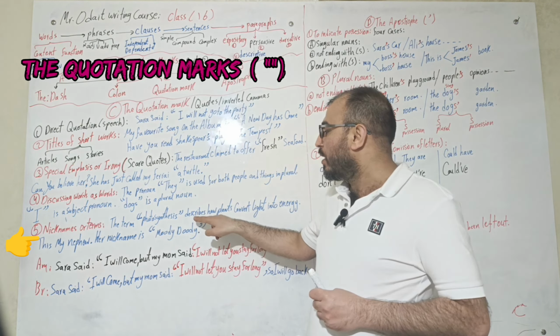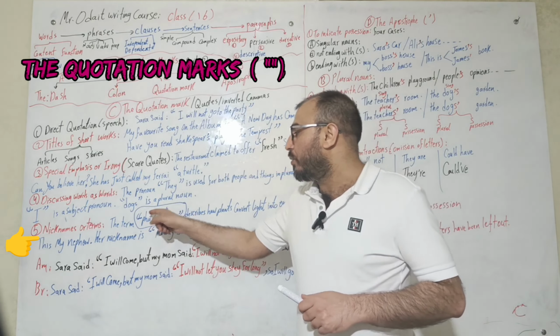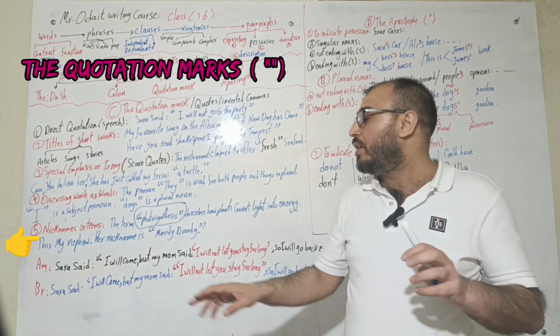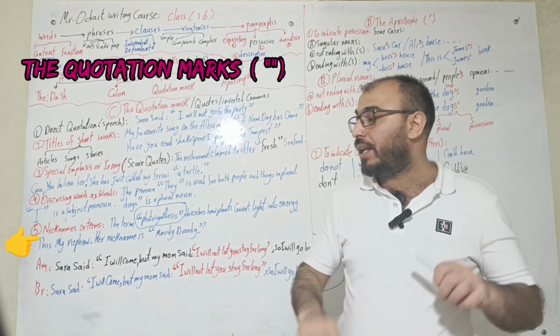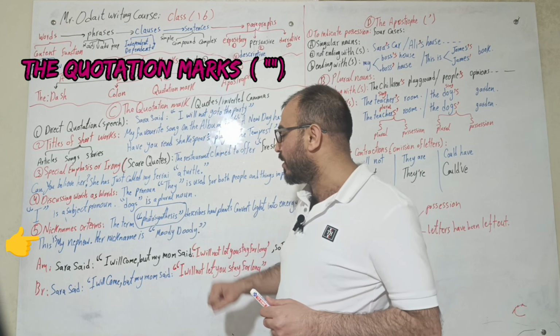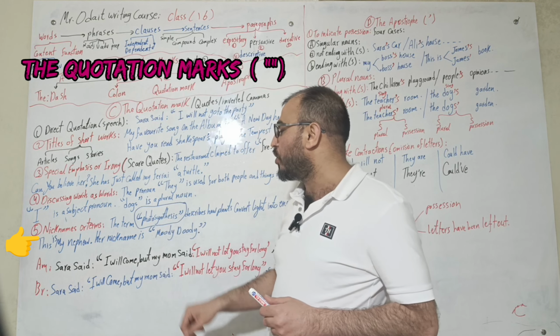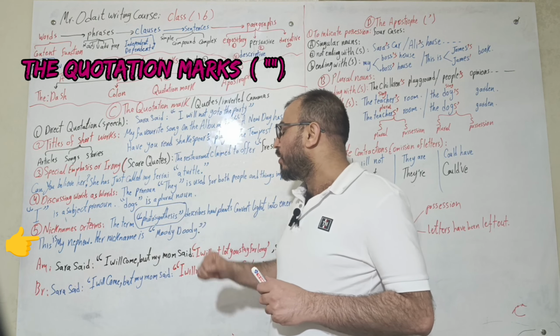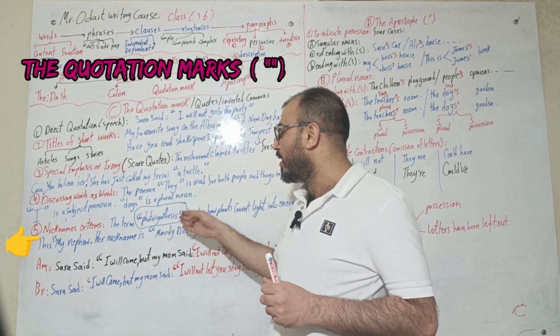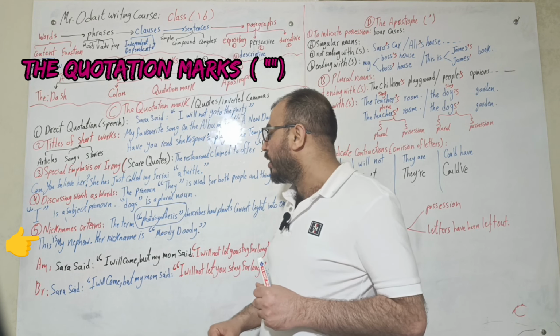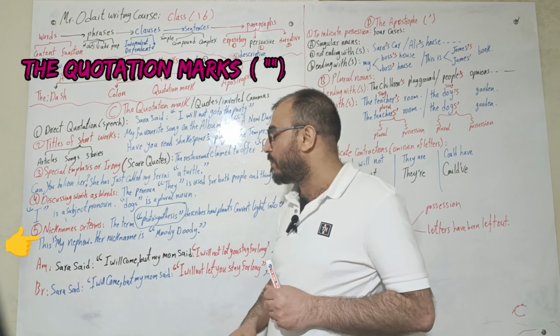And here, my friends, we enclosed the term photosynthesis with quotation marks so that we say that we are explaining this term by itself, just to emphasize that we are talking about this term specifically.